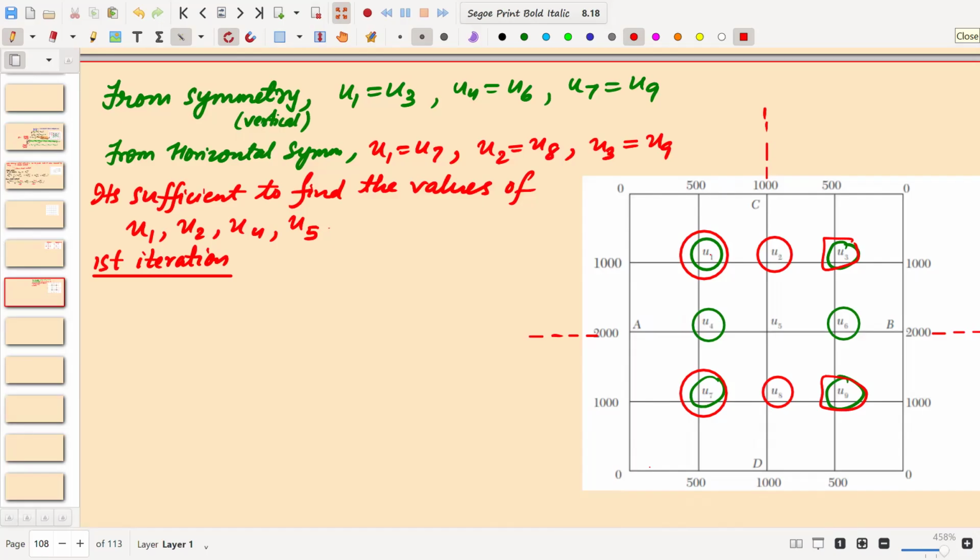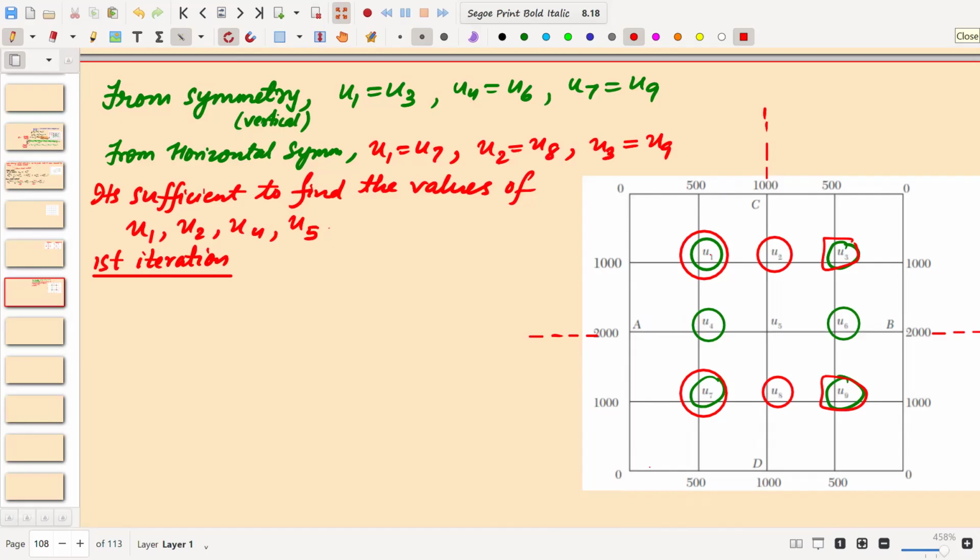Why am I telling that? Because we need to have some value as the first iteration to begin with. Then we can refine it iteration by iteration. Second iteration, we refine the values of the first iteration. Third iteration, we refine the values of the second iteration. You got the idea, right?